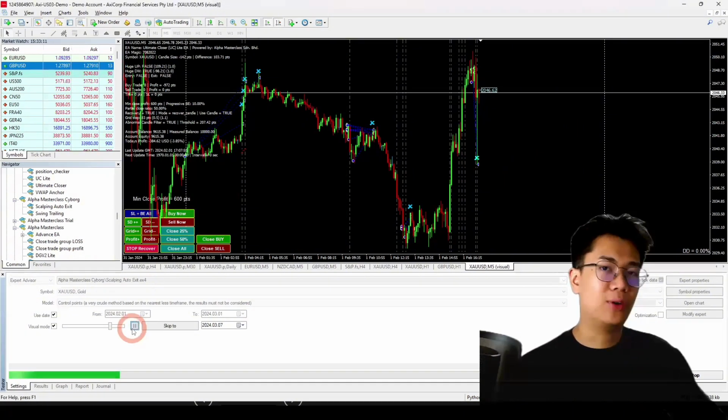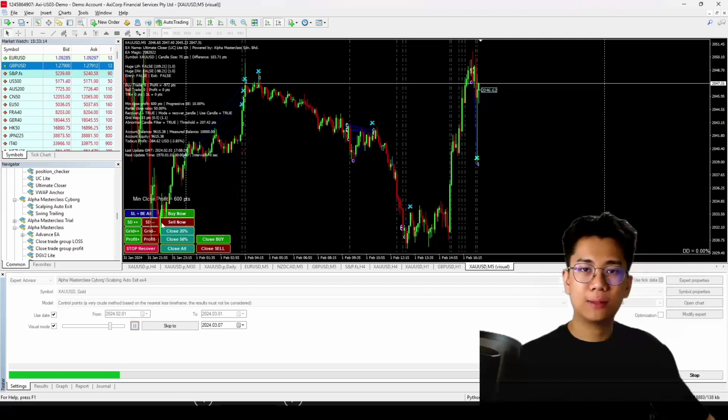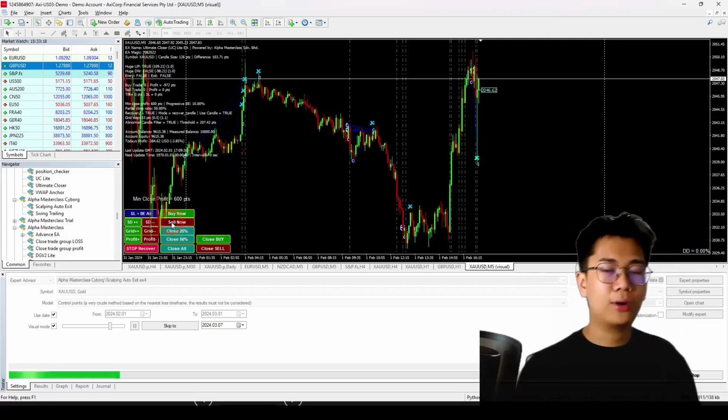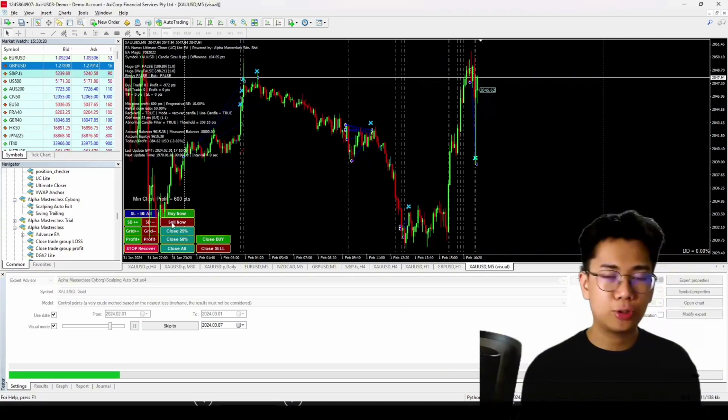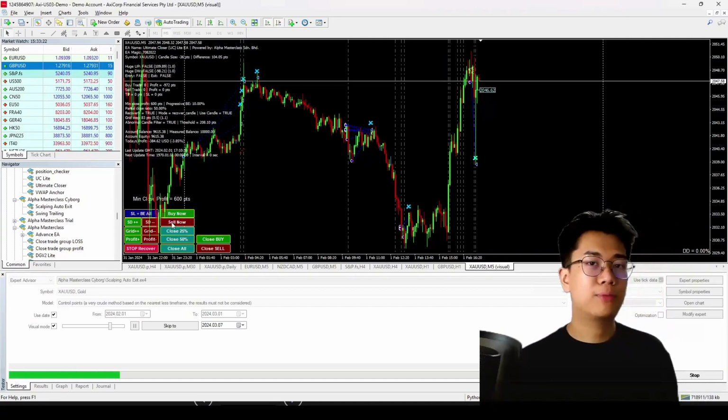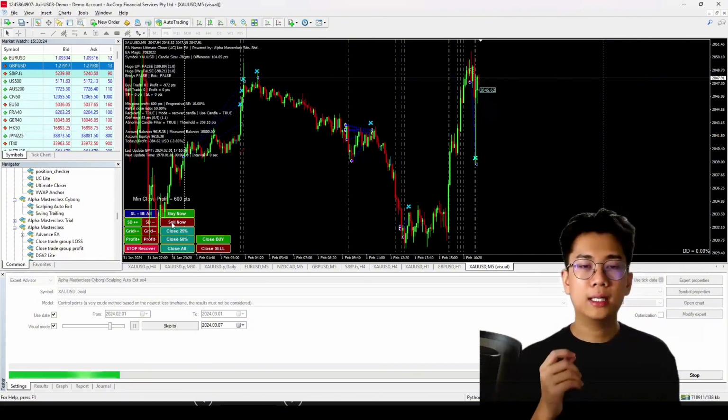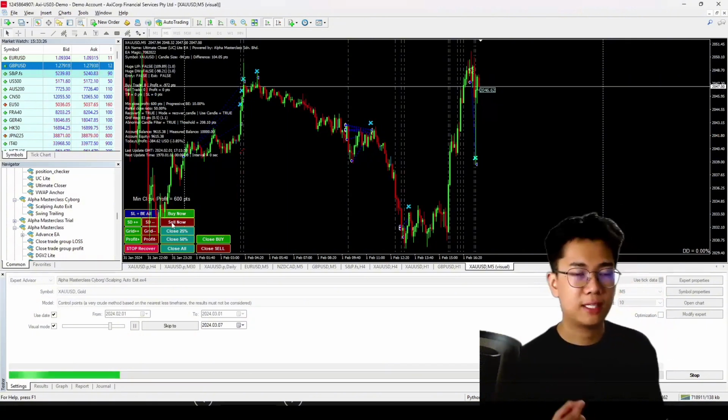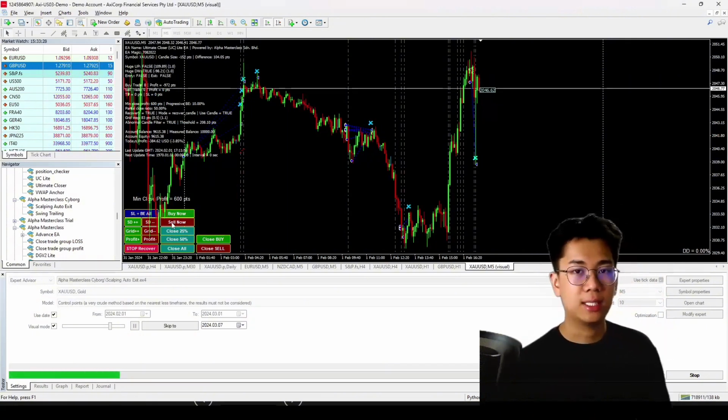And even if your hand is itchy and you want to randomly click sell or buy, it also cannot. It will automatically disable these two buttons so that it can prevent you from overtrading. That is a safety feature that we integrated in.